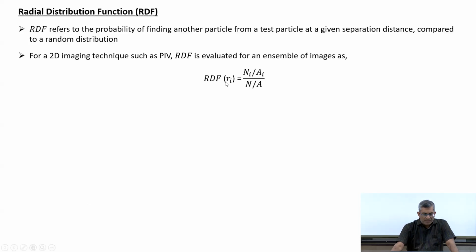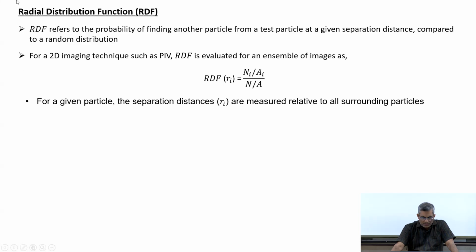So, this is mathematically expressed this way for a 2D imaging technique such as PIV. So, this is evaluated as follows. Here for a given particle, the separation distances are measured relative to all surrounding particles. So, you have an image here and these are the particles that you have identified, basically the particle centers.